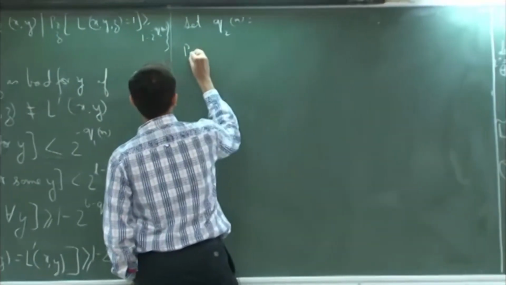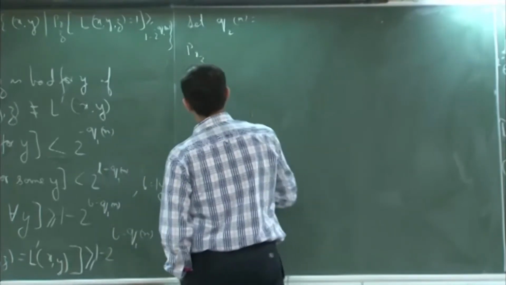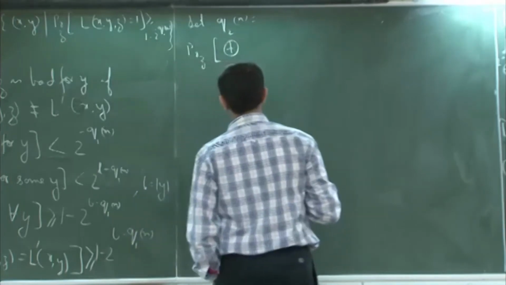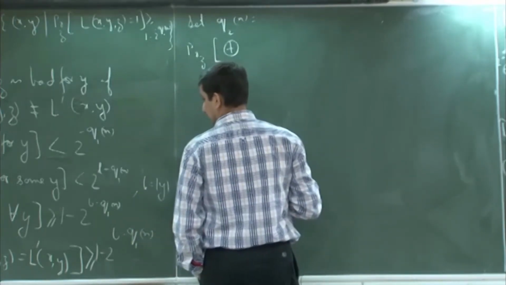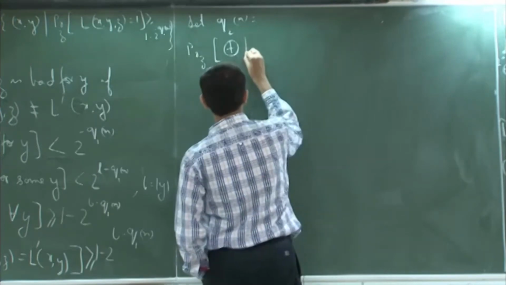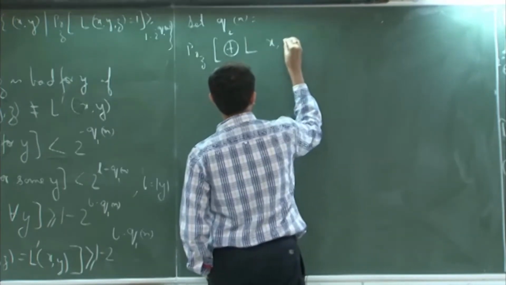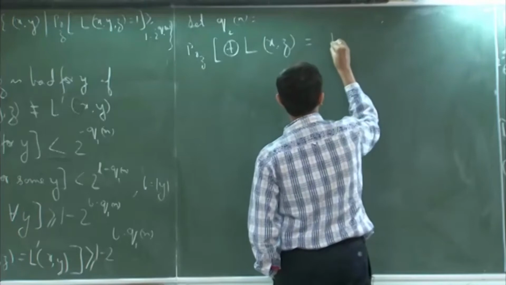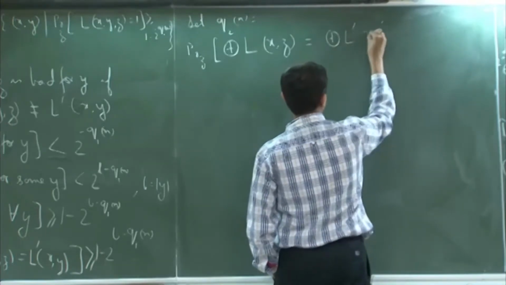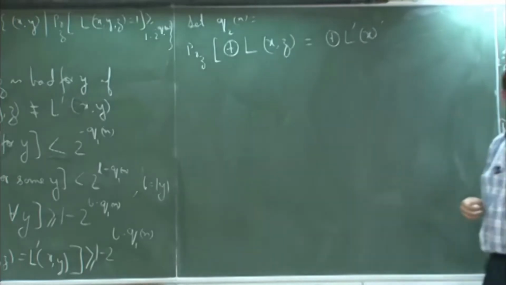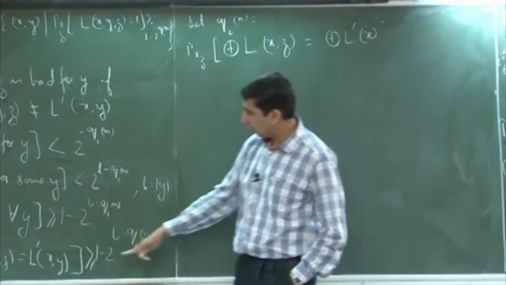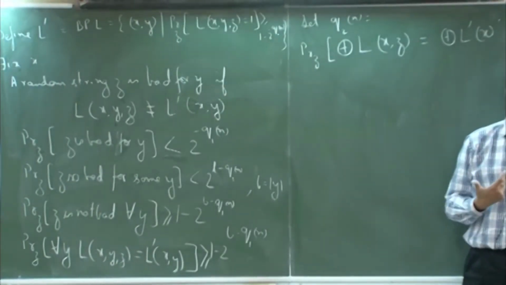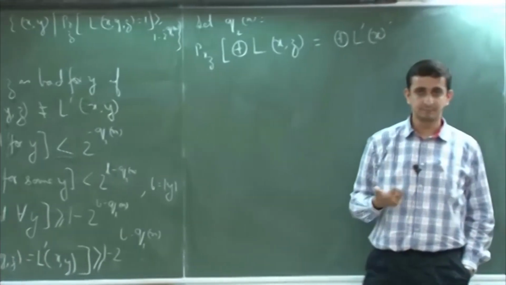So if it happens for all y's, I can write this as the probability over all z, parity of L x z is equal to the parity of L prime x. So what we have here is that for all y's these two predicates are the same. So more particularly their parities also should be the same.